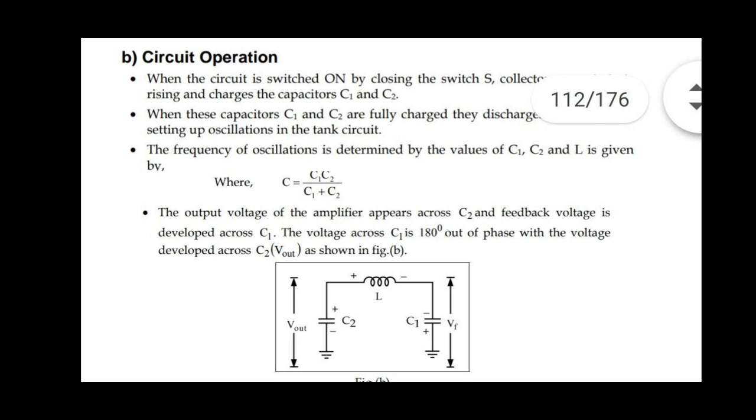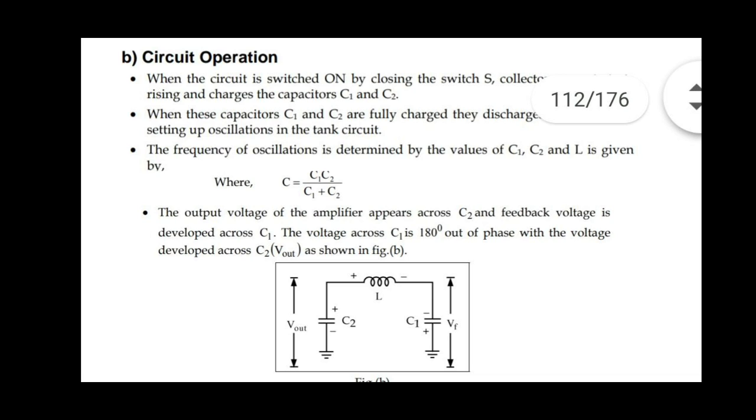The tank circuit produces a 180 degrees phase shift and the CE transistor produces another 180 degrees itself, so the total phase shift between input and output is 360 degrees. This produces positive feedback, which is an essential condition for sustained oscillation.